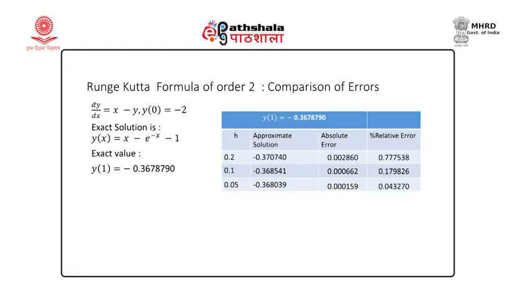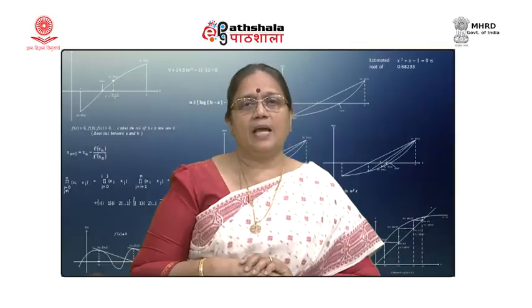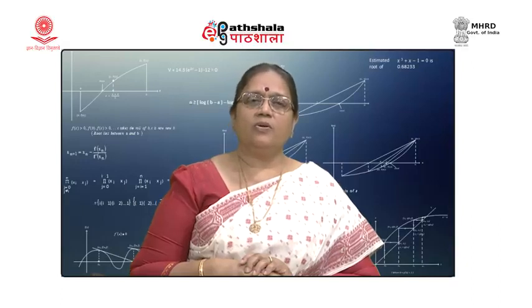So, this confirms that as we reduce the step size, the results are more accurate, because the error is of the order of h cube in the Runge-Kutta formula of order 2. We have taken terms up to the order of h square. So, as we reduce the step size, the truncation error will go on decreasing.